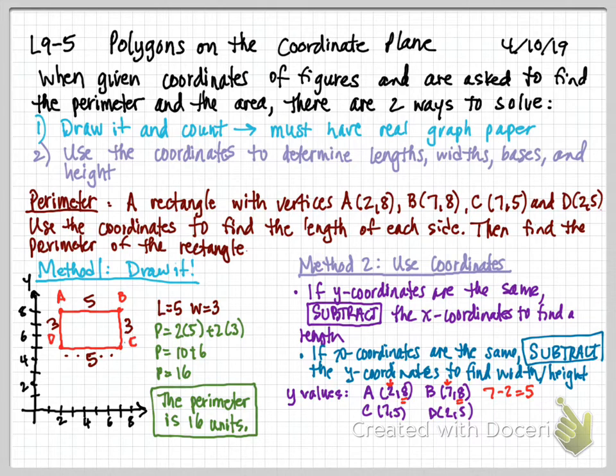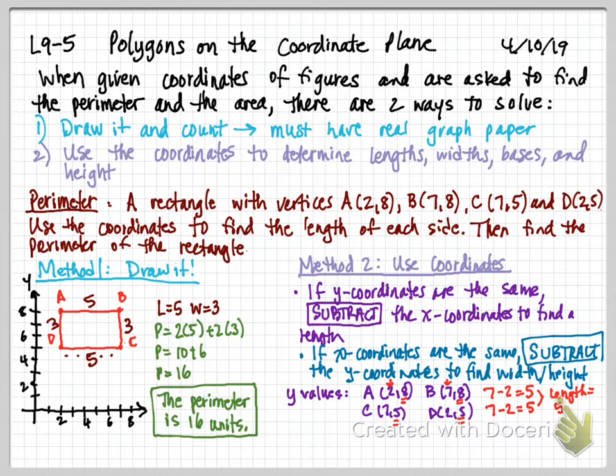So again, my y's match, so I'm going to subtract my x coordinates. And again, get 5, which makes sense because these two points are opposite each other. So we're going to determine that's going to be the length. So length equals 5. We could say units, but for right now it doesn't matter.